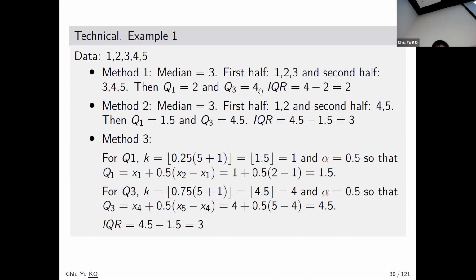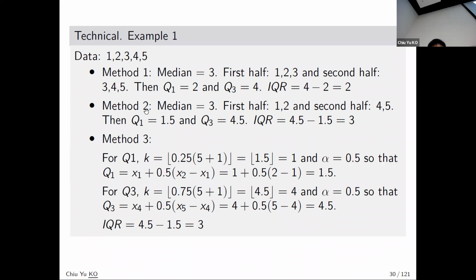The first half of the data is 1, 2, 3, and the median is the middle guy, 2, so Q1 is 2. The second half includes the median as well: 3, 4, 5. The median is 4, so Q3 is 4. Then the interquartile range is 4 minus 2, which is 2.